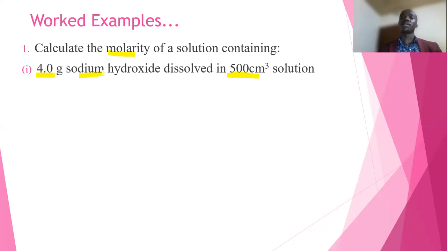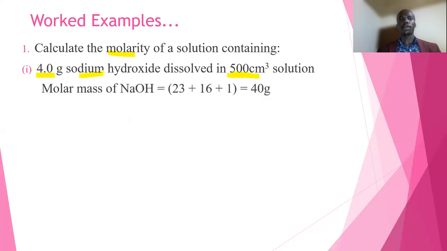If you add the atomic masses of the elements making up sodium hydroxide, you get 40. That is 23 plus 16 plus 1: 23 is for sodium, 16 is for oxygen, and 1 is for hydrogen, because sodium hydroxide is written like this.